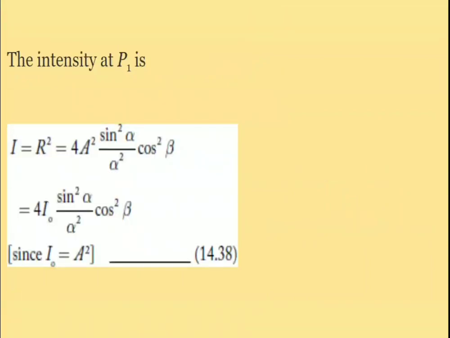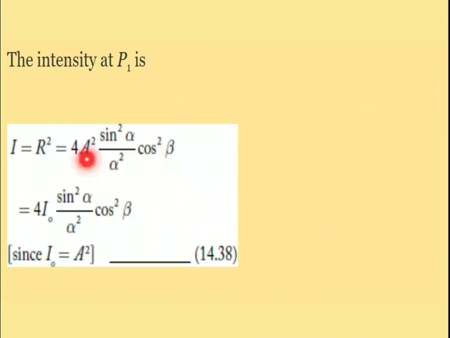Now as per the definition of intensity, the square of the amplitude is called intensity. So I is equal to the square of the amplitude, that is R square, and the square of the amplitude value is 4A square sin square alpha by alpha square cos square beta.